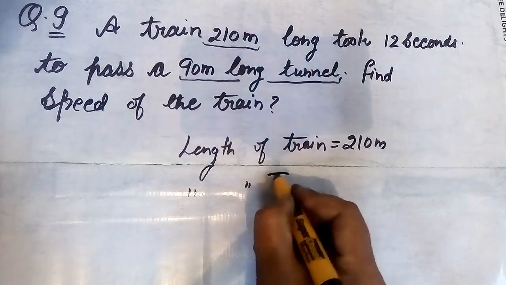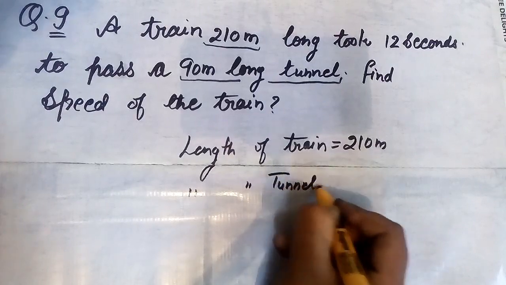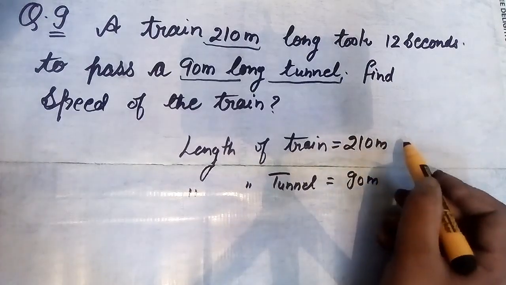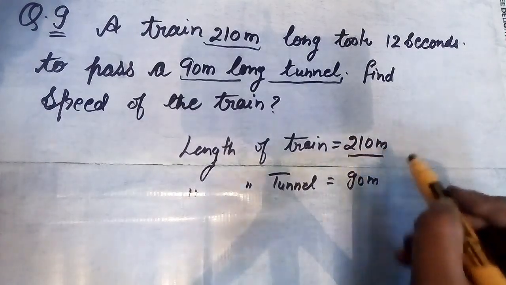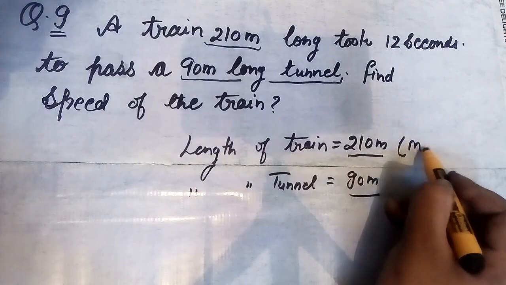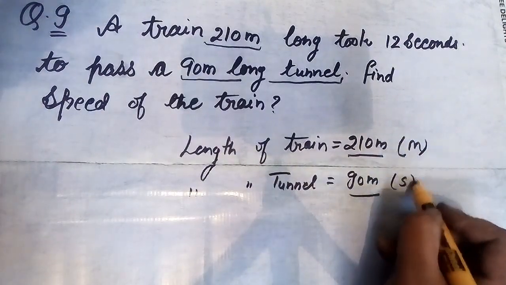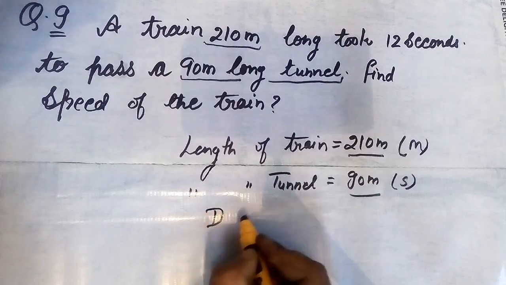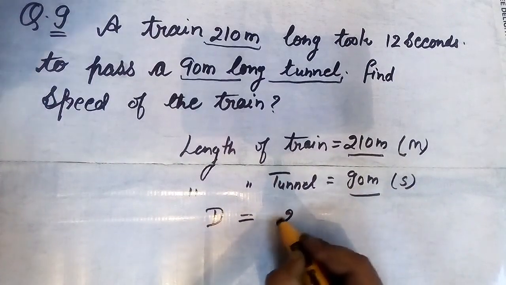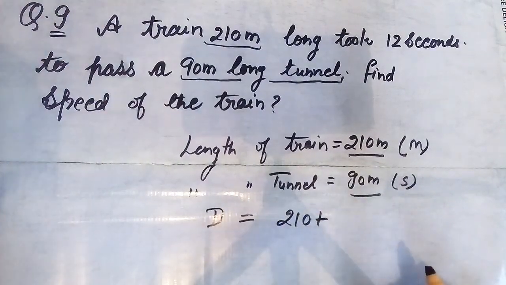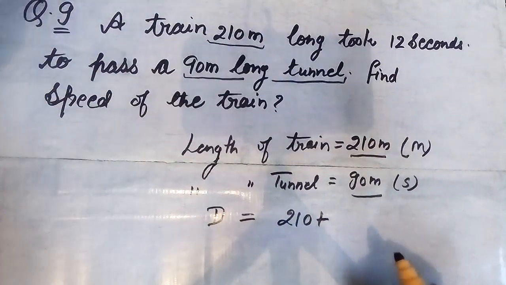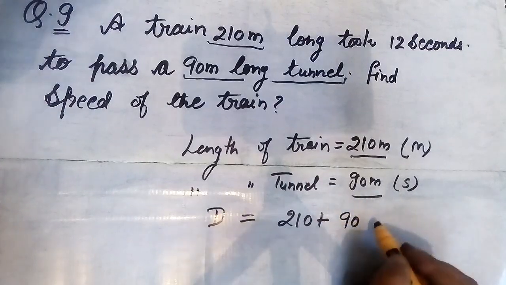Then length of tunnel is equal to 90 meter, and we know that train is moving object and tunnel is stationary object, and we know that distance will be length of moving object plus length of stationary object, that is 210 plus 90, which is equal to 300 meter.